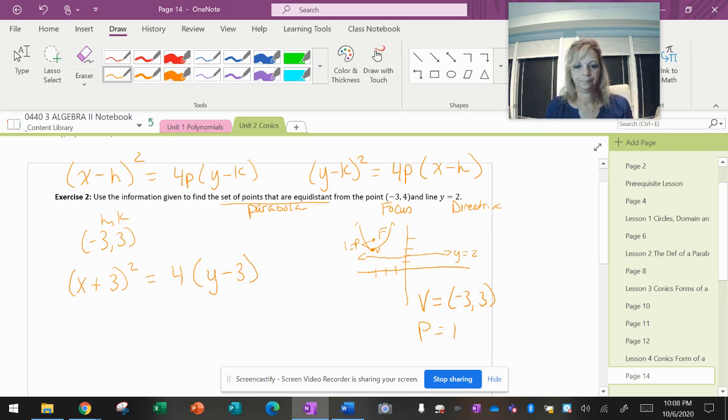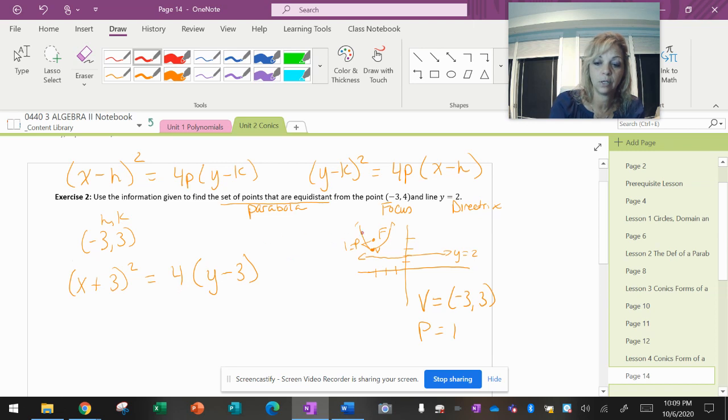Okay? All right, so if they ask you that question, and we may ask you that question on a checkpoint and on a test, because I've seen it before, you want to make sure you're comfortable with it. Think about what the question said: use the information given to find the set of points that are equidistant from the point (-3, 4) and y equals 2, which we did.